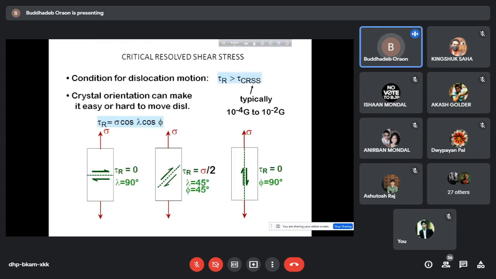Actually, these things have probably been discussed in your strength of materials classes: in which directions, if you apply the shear stress, the chance of deformation of the materials will be higher. But here we have tried to understand with the help of concepts like dislocation motion.